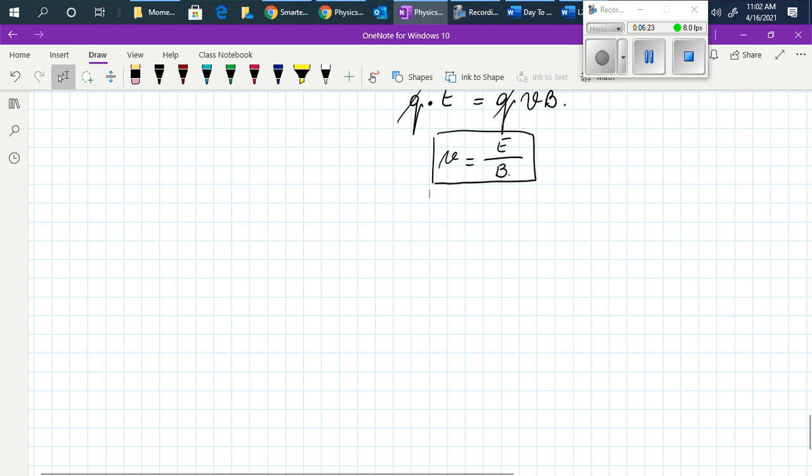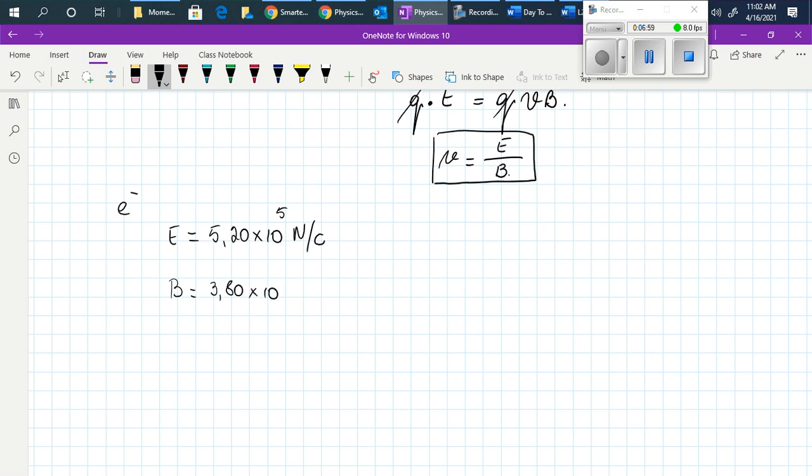Now, say an electron is entering into an electric field of 5.20 times 10 to the power 5 newtons per coulomb, and a perpendicular magnetic field of, let's say, 3.80 times 10 to the power of -2 Tesla, and it is passing through both fields undeflected.